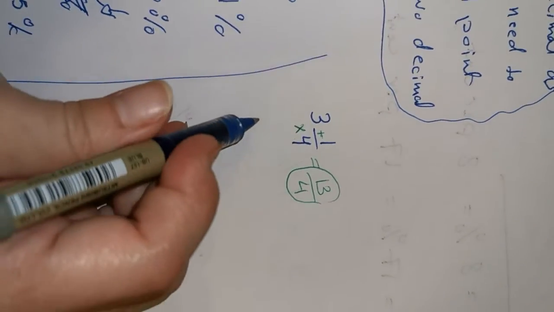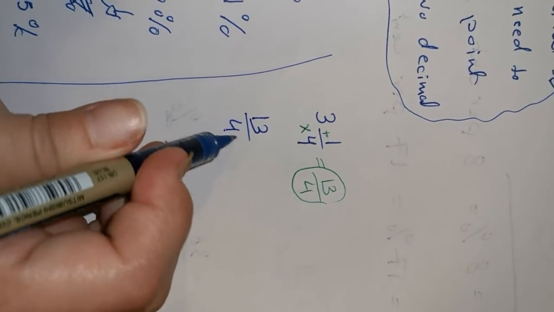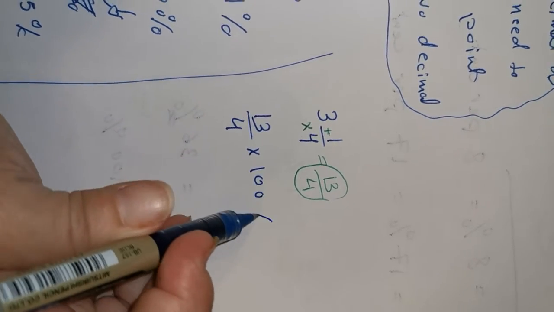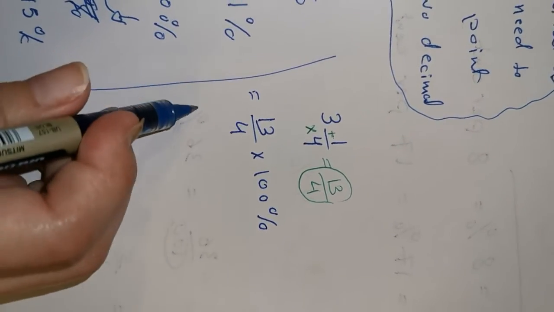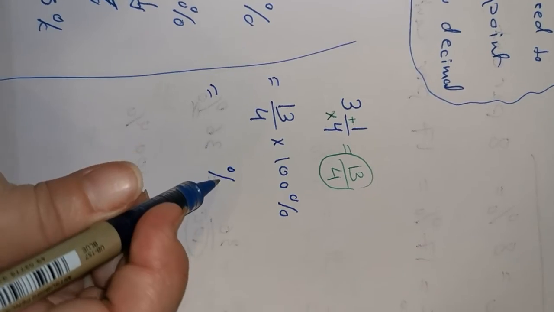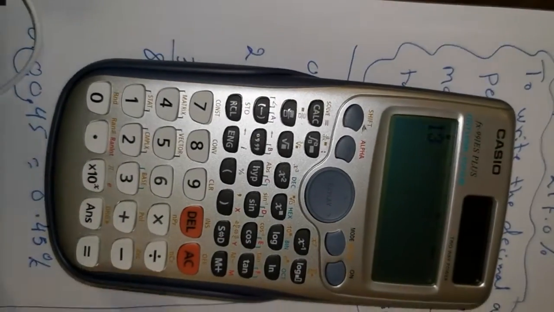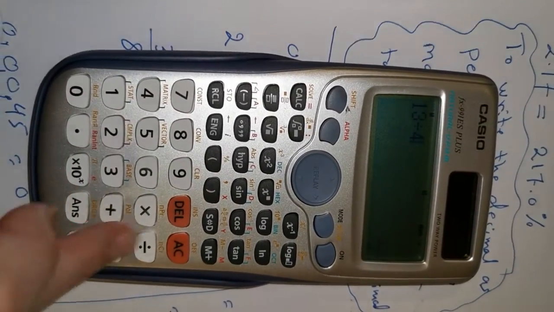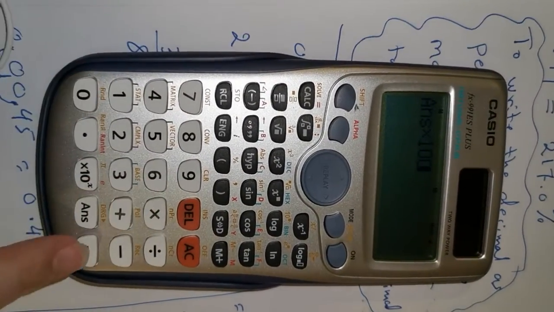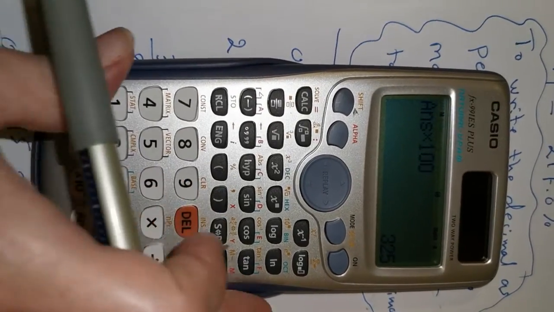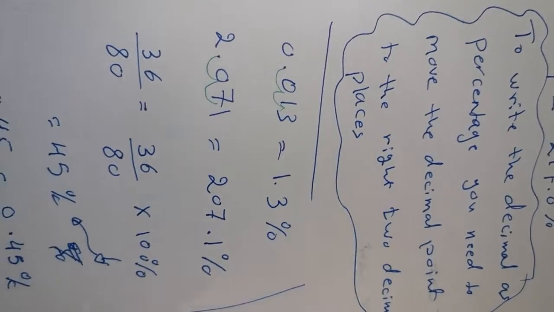The rule is 13 over 4 times 100%, which is equal to percent sign, your calculator. 13 divided by 4 times 100, 325.